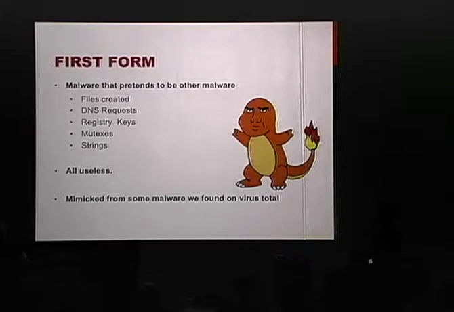So we're dropping files, we're doing DNS requests, we're creating registry keys, creating mutexes, putting all of these strings in the binary so that you have all these things to key off of, and if you key off of them, you're going to have a bad time, basically. So all of the first things that it's doing are absolutely useless. It's all bad information. And it's all mimicked from virus total.